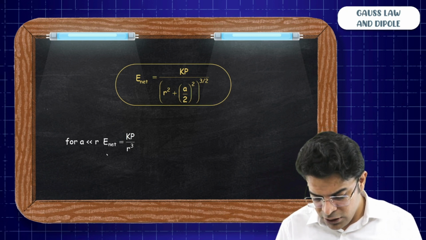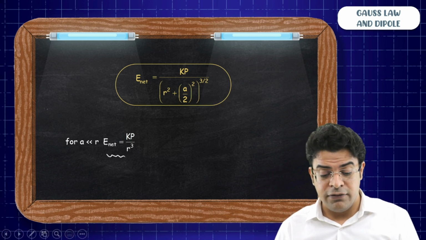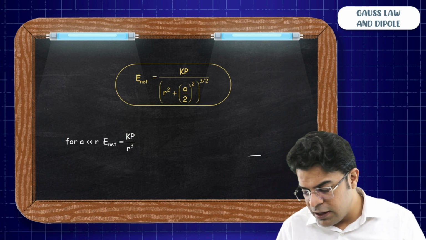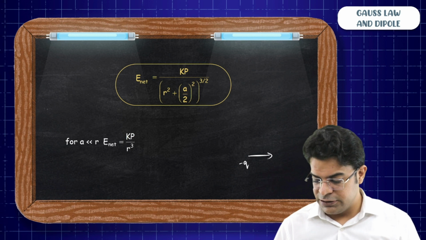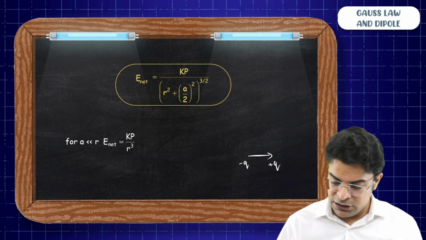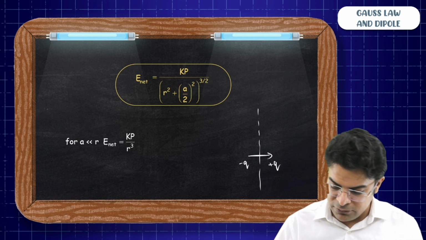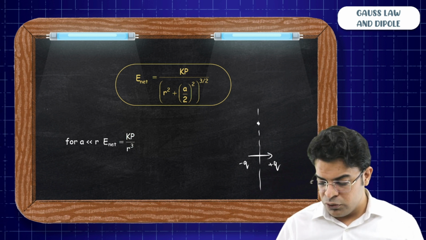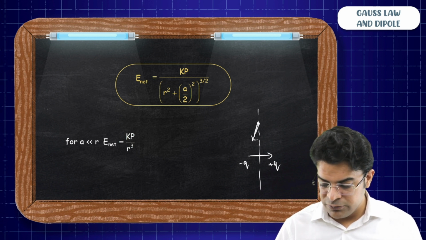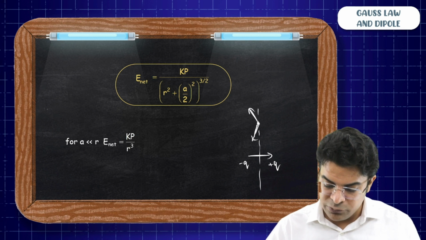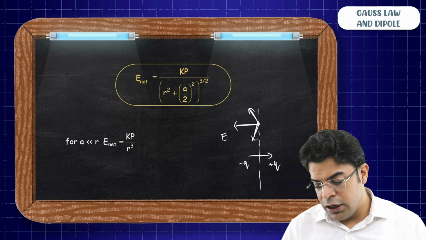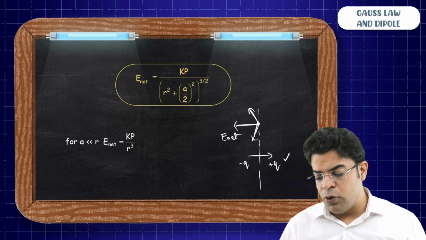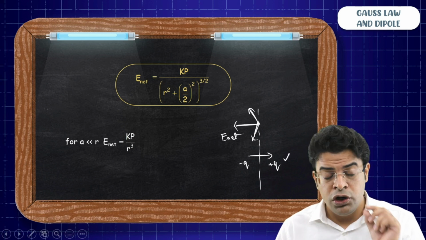Now here we can write even the electric field in the vector form. If you have got this short dipole here, so this is the negative charge, this is the positive charge. Think of an equatorial point, let's say this. The field due to negative charge is towards it. The field due to positive charge is away from it. We got the net electric field in direction opposite to the dipole.